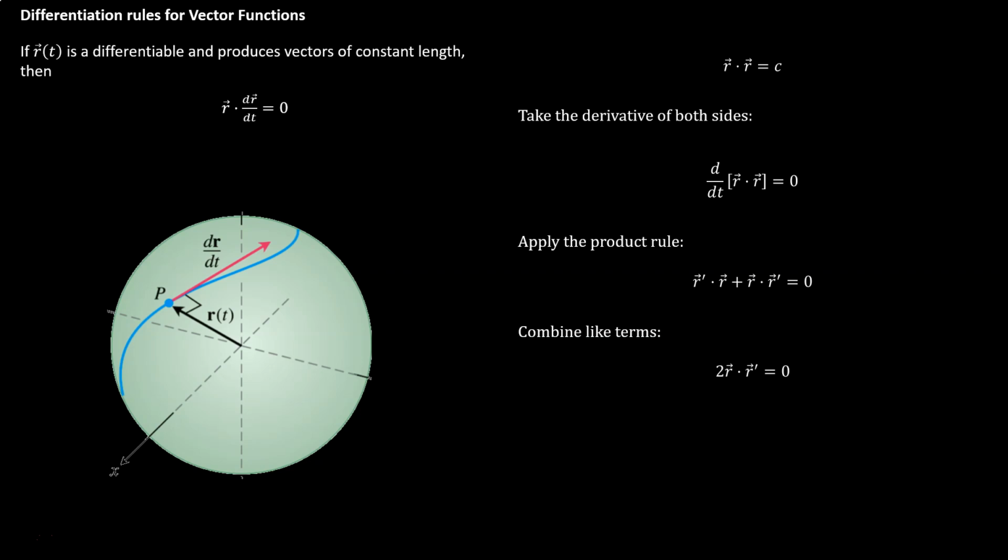We could have used r prime dot r, but I picked this one. The factor of 2 out front can be divided off, and so we're left with the consequence that r, the original vector function, dotted with r prime, the derivative of that r function, is equal to 0, meaning that the vector function is perpendicular to its derivative.